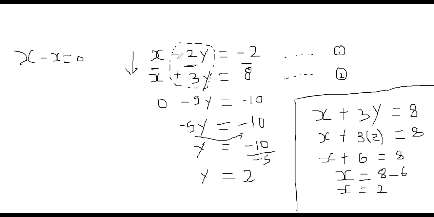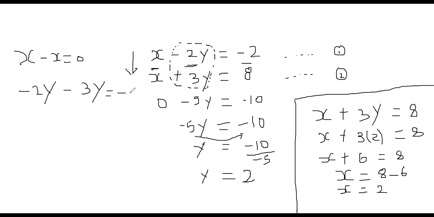And then in this section, negative 2y subtract positive 3y, we found it to be negative 5y, because negative 2 subtract 3 will give us minus 5 if we check your calculator.